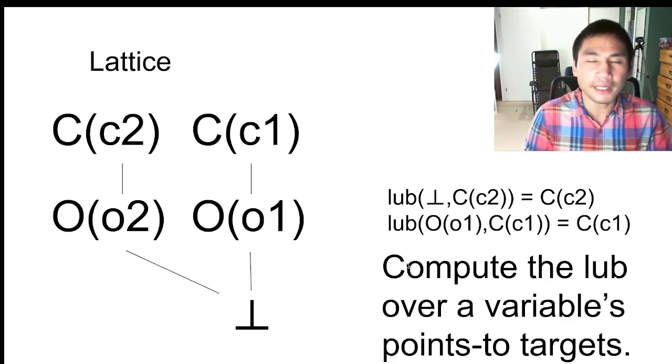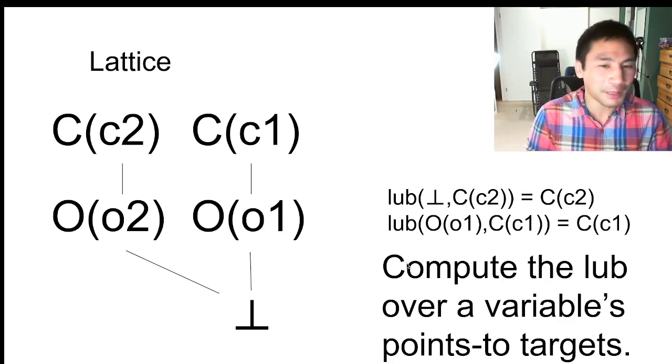And the thing about lattices is that you can compute least upper bounds. The question is what element is above both of those. There are some elements that are incomparable. So you can't compare a C of C2 with an O of O1. But you can compare some elements.